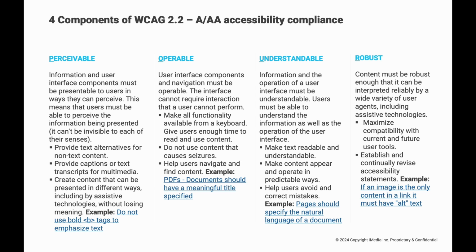Operable. User interface components and navigation must be operable. The interface cannot require interaction that a user cannot perform. All functionality on a web page should be made available from keyboard. You don't want to use content that may cause seizures, and you want to have content that helps users find content. An example of operable, and one of the things that a lot of people miss during their website accessibility efforts, is they don't make sure the downloadable attachments, such as PDFs, have meaningful titles, and those PDFs themselves are accessible.